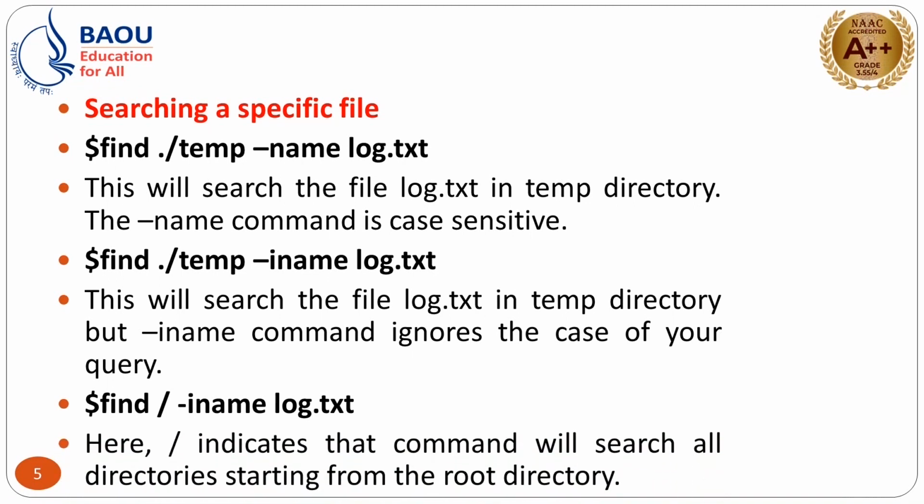Now if you are not providing dot, that means you want to search all the directories or files available under the root directory, that is only slash. So if you want to increase your searching criteria, you use this slash. That means you are not searching in the current directory, but your searching criteria is wider, and you are searching from the root directory, right?